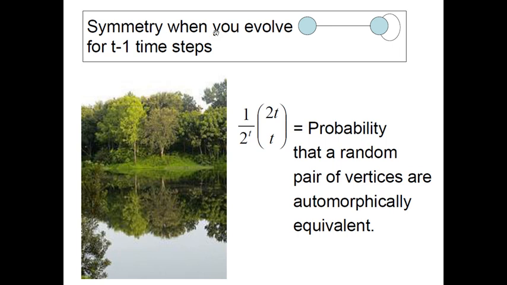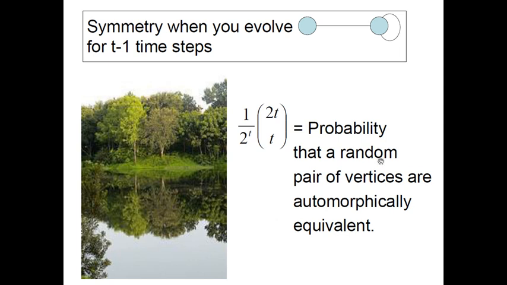And it turns out that if you quantify the probability that a pair of randomly chosen vertices are automorphically equivalent, what that's really telling you is, what are the chances that a couple of vertices that I pick randomly look the same as each other? So that's really a quantification of how much symmetry there is in the network.